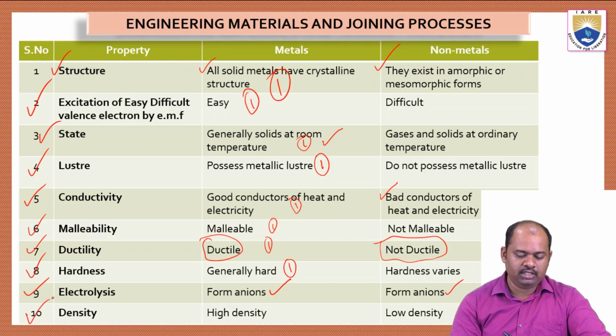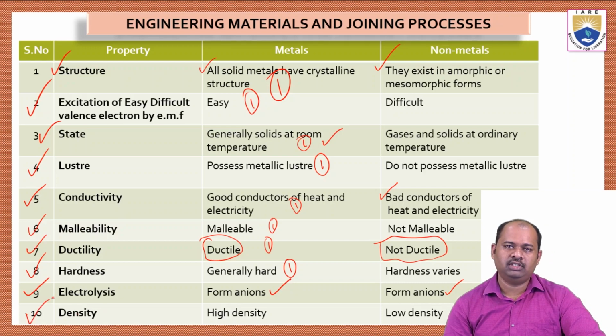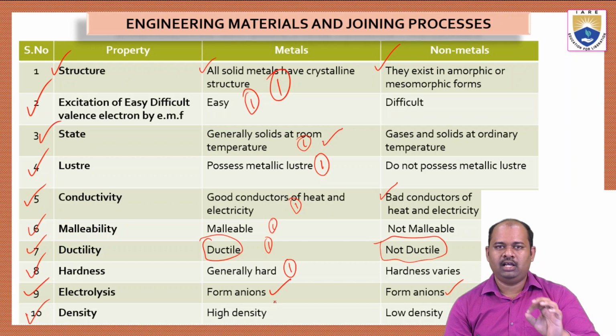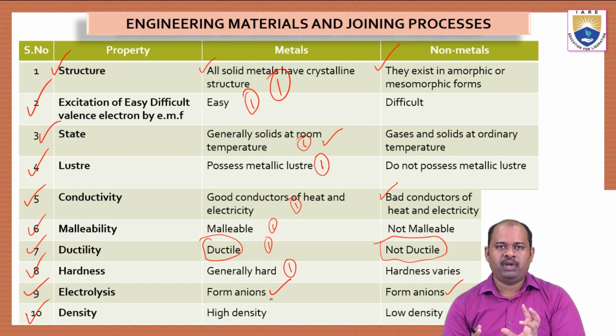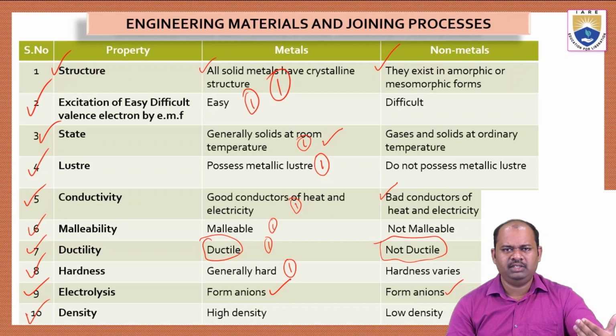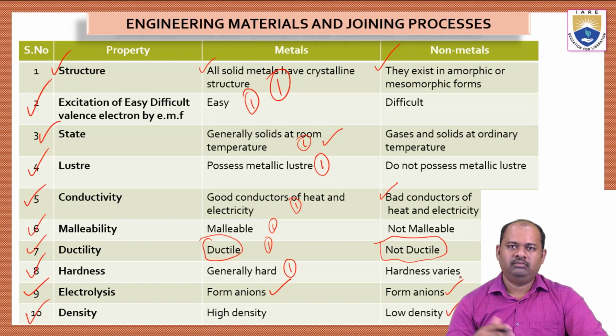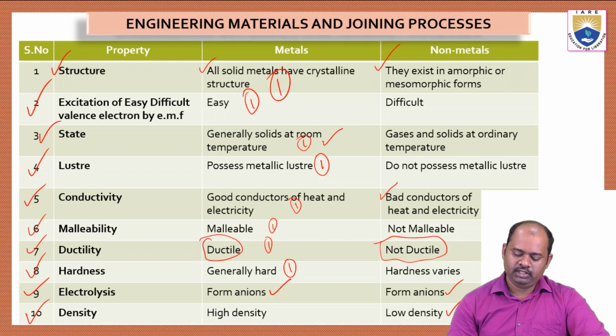And when we compare density, it is a property which varies from metal to metal or metal to non-metal. Metals always have high density, because they have a crystalline structure which is closely packed. That is why they are highly tensile. The density is very high for metals, and non-metals have low density compared to metals. So these are the properties in every situation.